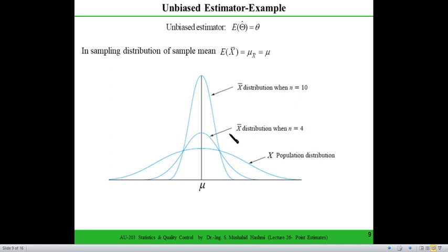If the expected value of the point estimator is the same as the true value of the population parameter, here the mean, then this estimator X bar, which is some formula, would be called an unbiased estimator. And we have already seen that as the number of samples increases, the variance becomes smaller, so the sample mean becomes the unbiased estimator of the population mean.